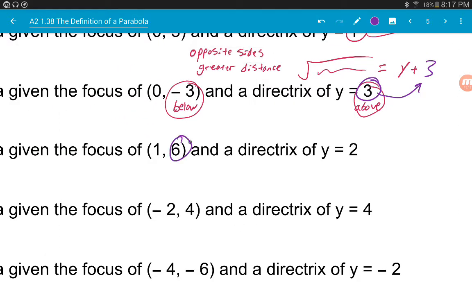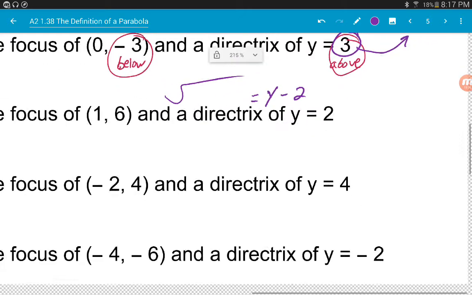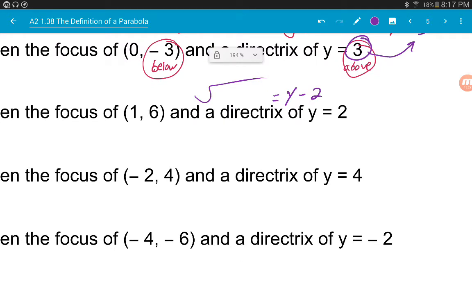Next one, 6 and 2. Same side, so they're closer together. So I'm going to get y minus 2 on the right side of my equal sign. Next one, 4 and 4. Same side. So they're closer.